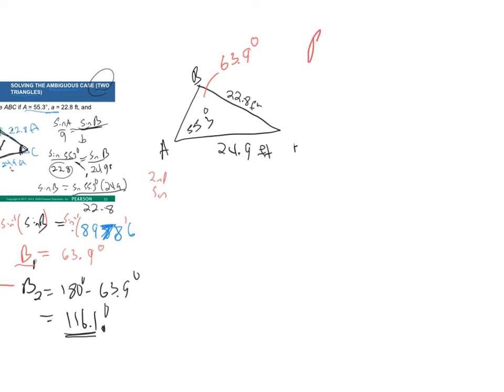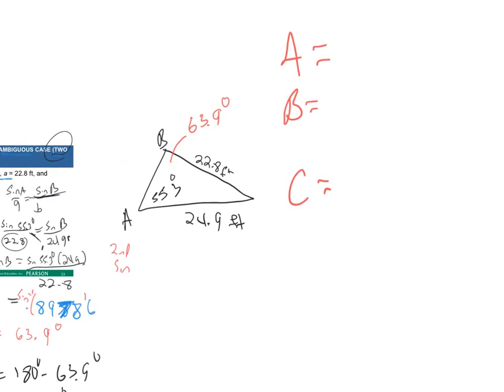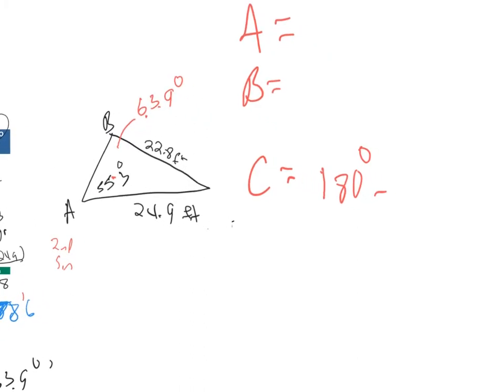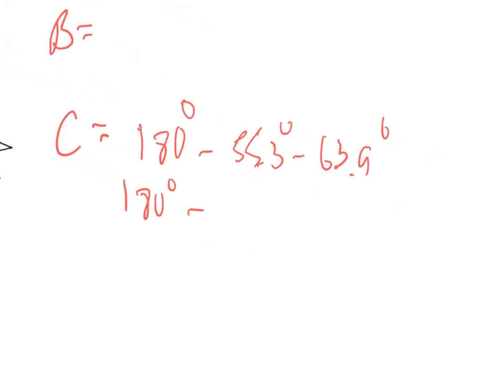So what was left to finish solving this? Well, we had B, we have A, I don't have C. So that's going to be made up of 180 degrees minus the other two angles that I found, 55.3 degrees and 63.9 degrees. Did I do my calculator or my head? I make mistakes in my head all the time. 9, 10, 11, 12.